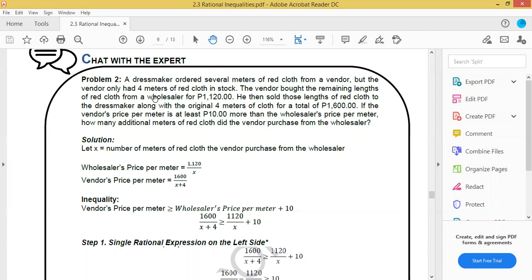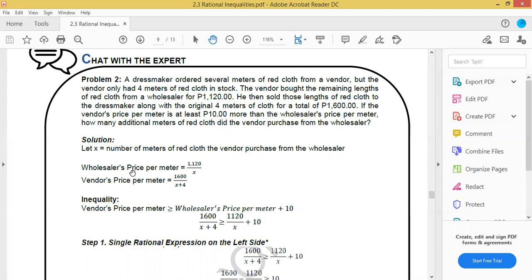Now, we know that only 4 meters of red cloth was left by the vendor. So the vendor bought more meters of red cloth from a wholesaler. So let that be x, because we didn't know how many meters of red cloth the vendor purchased from the wholesaler.